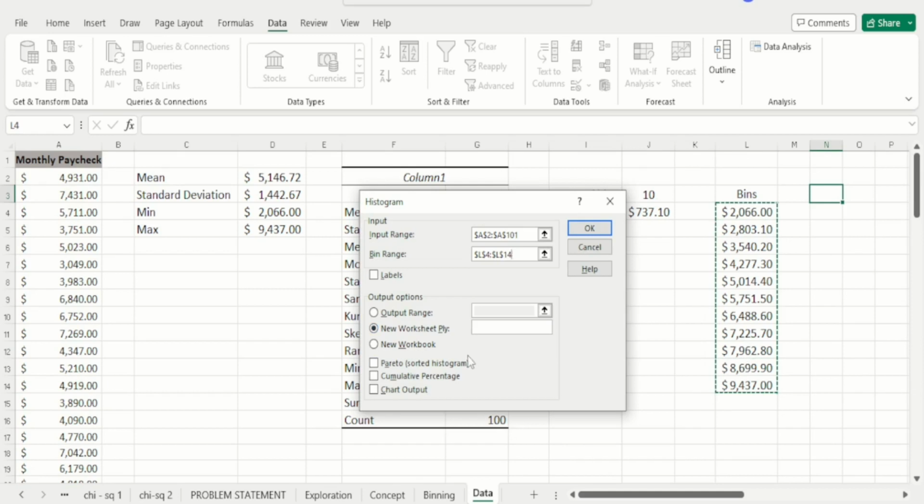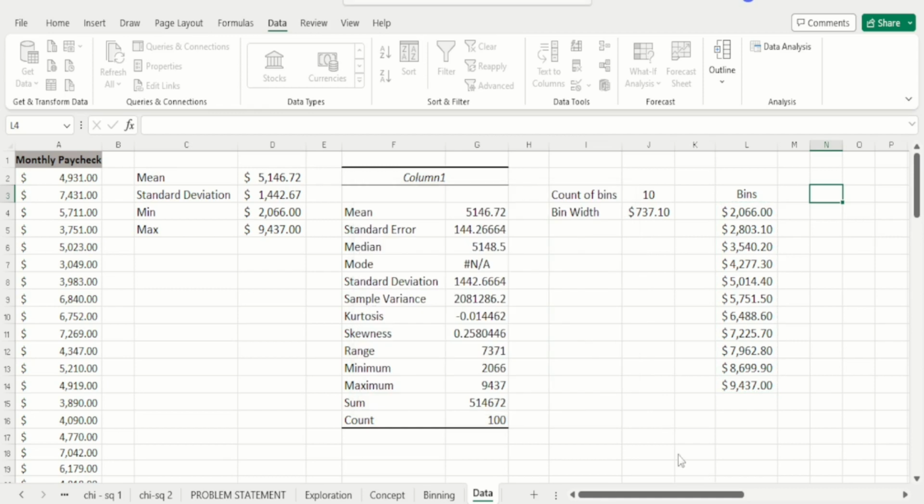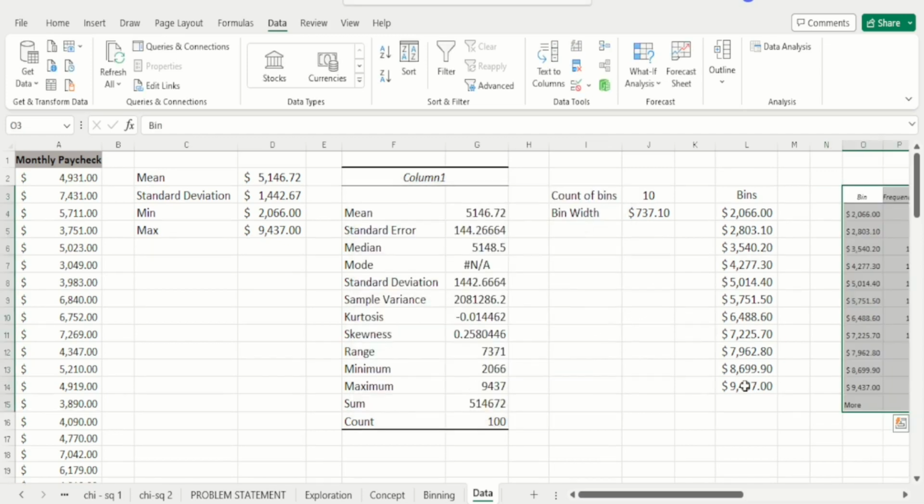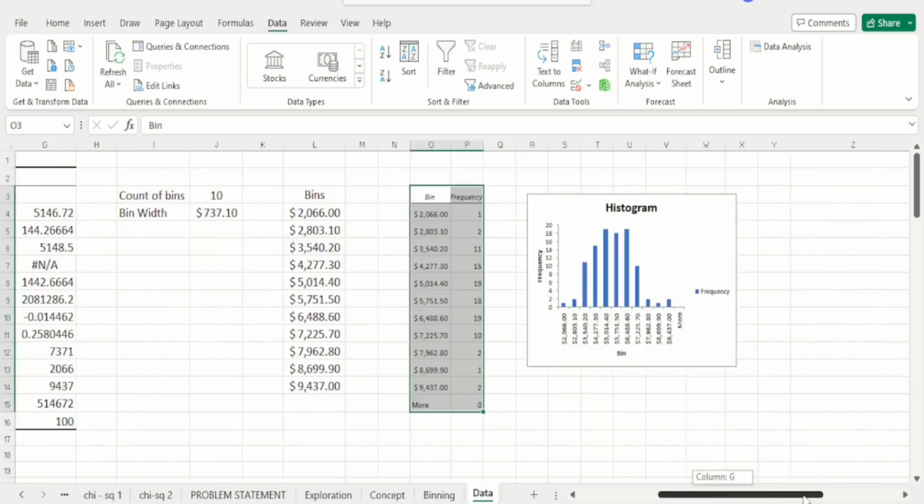And where do we want our output? Let's say we want to put our output starting in O3, and then we want the chart output. So let's go ahead and generate this. Okay, so there we are.